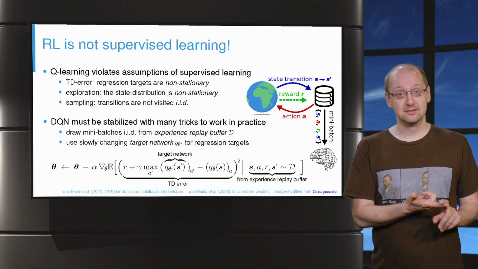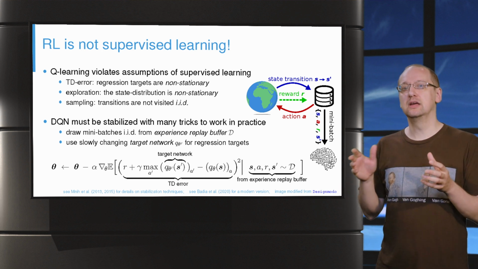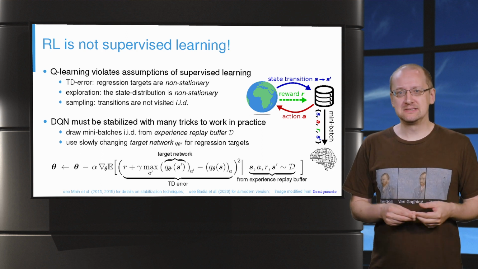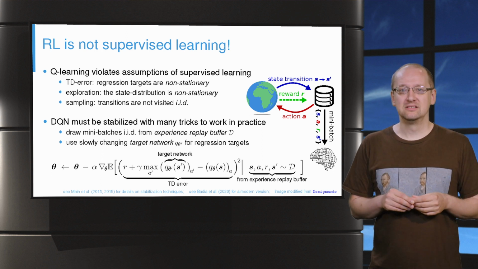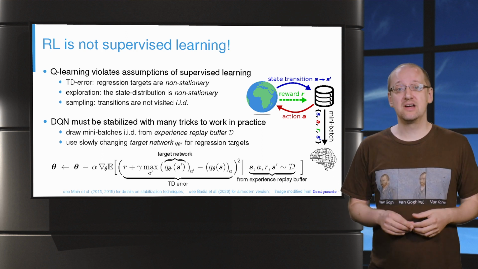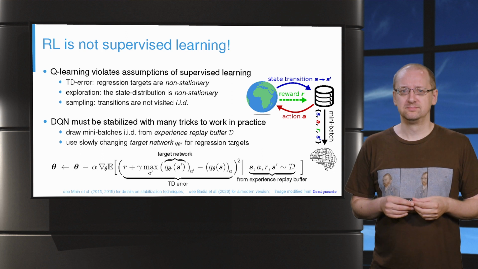And second, to compute the regression targets with a slowly changing target network. This makes the algorithm much more complicated and is often more an art to get it to work in practice. However, current versions play all 57 Atari games better than the average human, which is pretty impressive.